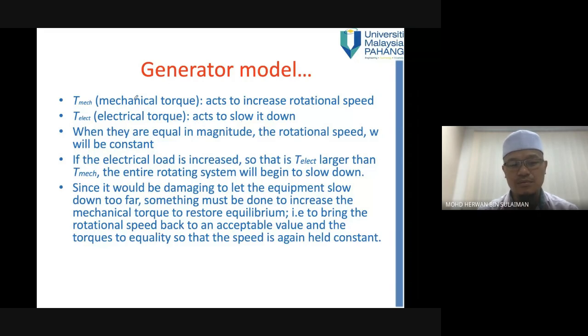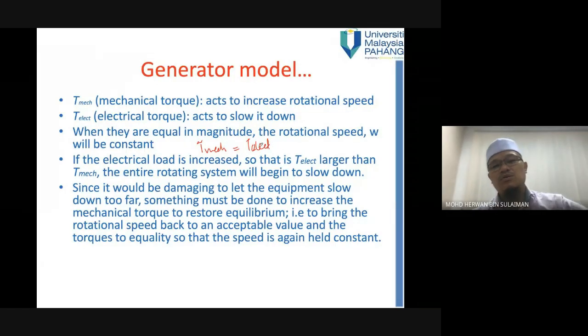So they contradict each other. When they are equal in magnitude, the rotational speed omega will be constant. When your Tmac is equal in magnitude with T-elect, the rotational speed omega or frequency will be constant.